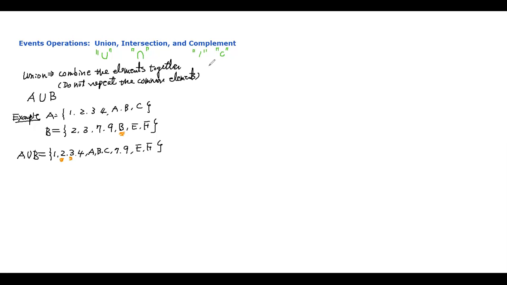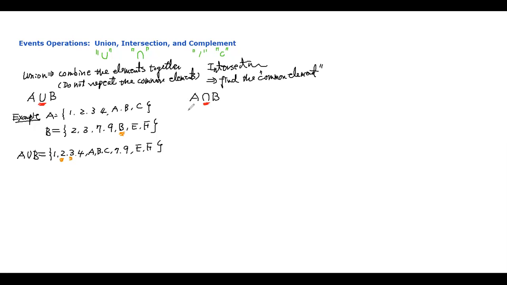Okay, so what is the intersection? Intersection is basically to find the common elements. Here I use this notation: A intersect B is the upside-down U, so this is a union, and this is an intersection.